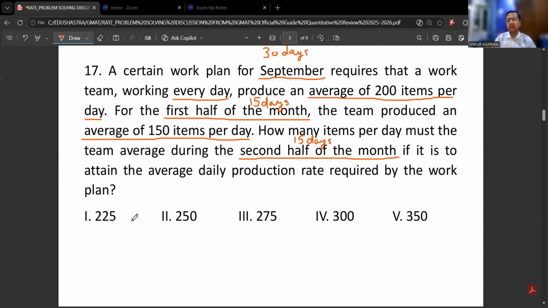Okay, start: 10, 9, 8, 7, 6, 5, 4, 3, 2, and 1. I suppose you must have got the answer for this. Everyone out there, just tell me the answer. What is the answer?